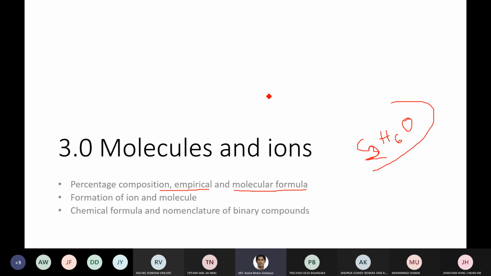From there, we saw how many percent of carbon is there, how many percent of hydrogen is there, how many percent of oxygen is there. We have already seen it in the previous lecture. So now in this lecture, in this section, we'll see what this percent composition actually means and how it can help us to understand the empirical formula and molecular formula for a chemical or a compound.